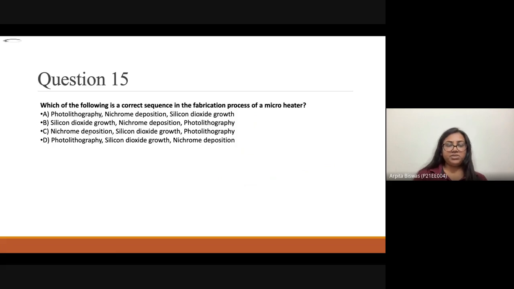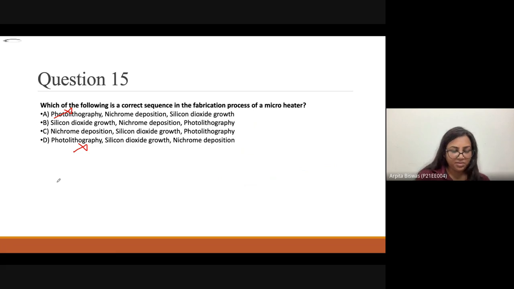See, photolithography is the final stage, so it is not performed in the initial stage. So options A and D are not the right answer. That leaves options B and C. Option B is silicon dioxide growth, then nichrome deposition, then photolithography. Option C is nichrome deposition, then silicon dioxide growth, and photolithography.